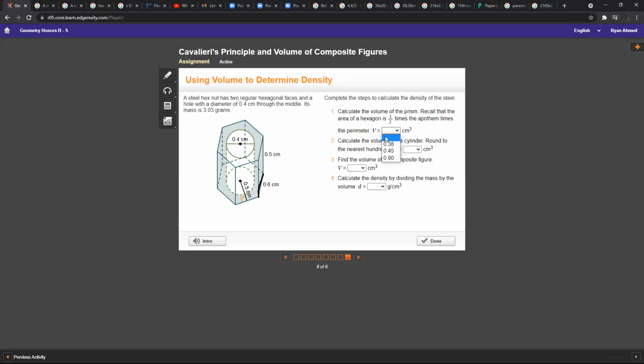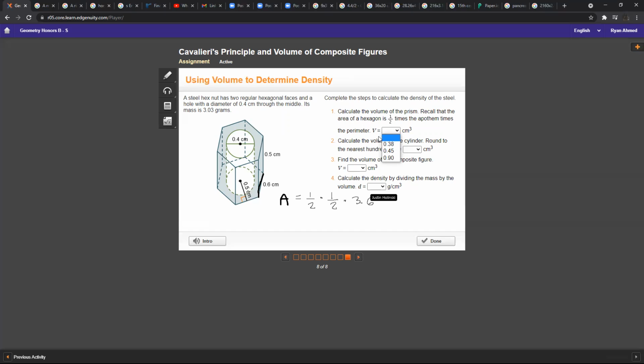Then we have to do 1/2 times the apothem, which is 0.5, times the perimeter. The perimeter is 3.6.